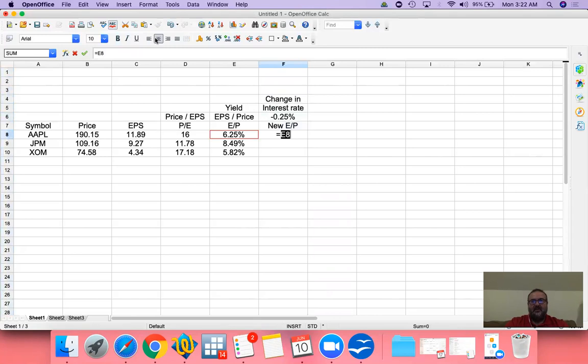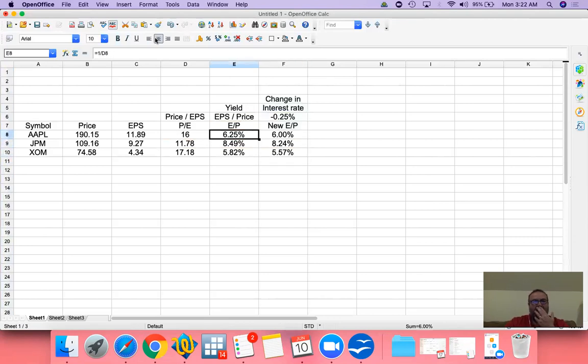So we'll take the 6.25%, that's the yield on Apple, and if the interest rates overall have a reduction of 0.25% because the Fed decreases the interest rates, then it will be natural to assume that every other investment across the board will have a reduction in yield of a similar amount. So we'll have this, and then this, and then this.